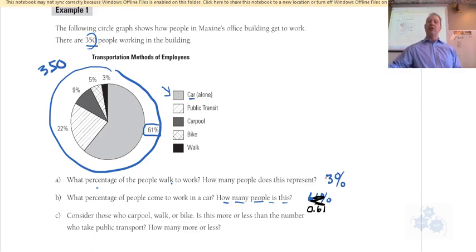So what we do is we don't divide. We actually multiply this number by the total number of people. So we do the decimal form of the percent times the number of people. So what is 0.61 times 350?